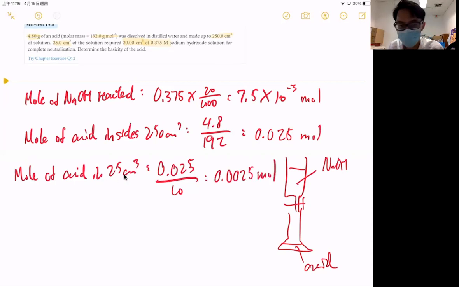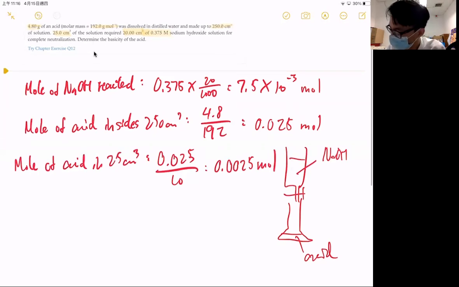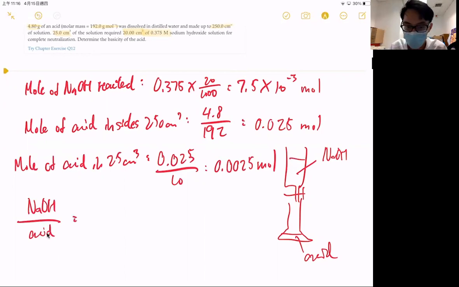And now you need to find out the ratio between the sodium hydroxide used and the moles of acid. So the mole ratio of sodium hydroxide to acid. We don't know the formula of the acid, but what we can do is find the ratio between them.